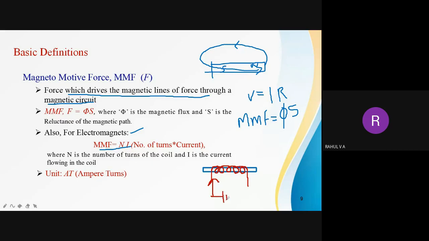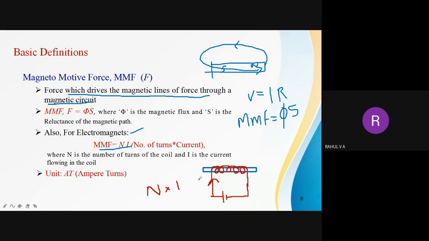So the magnetomotive force at that time is given by N into I, number of turns into current flowing through the coil. So MMF is equal to N into I. MMF is proportional to number of turns and also proportional to current flowing through it.